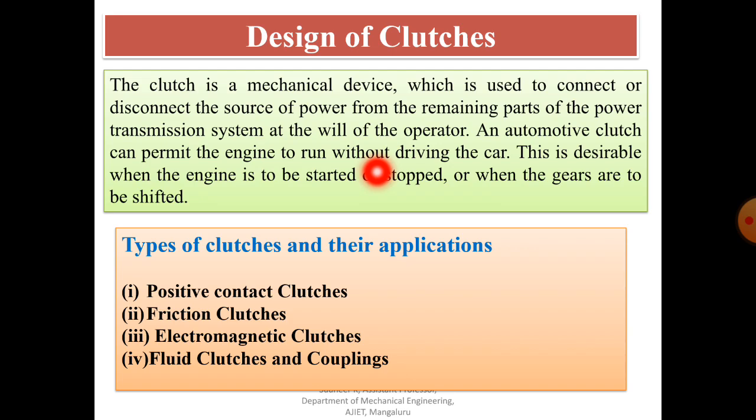Unlike a coupling, which is like a permanent connection between the driving shaft and driven shaft, an automotive clutch can permit the engine to run without driving the car. This is desirable when the engine is to be started or stopped, or when the gears are to be shifted.